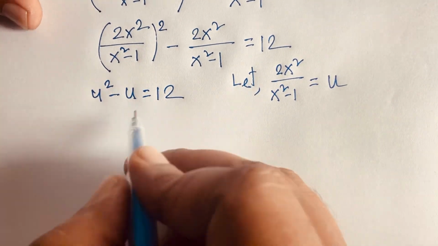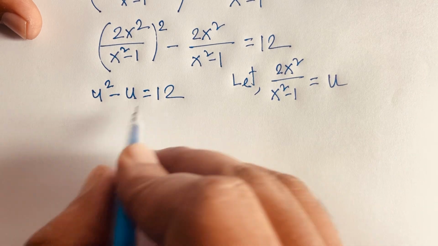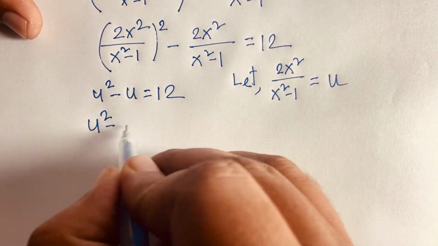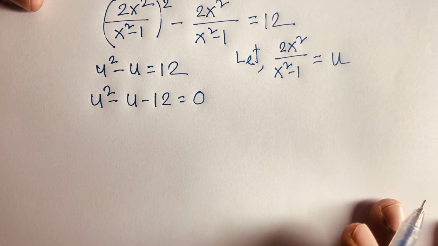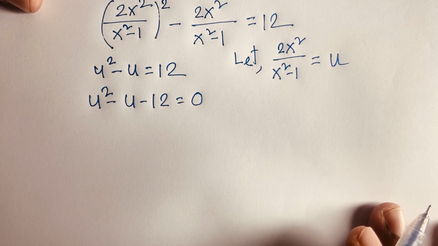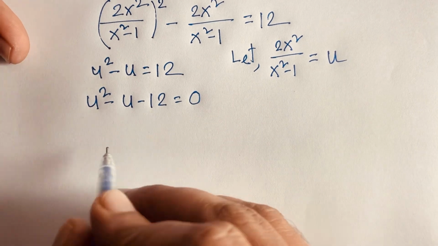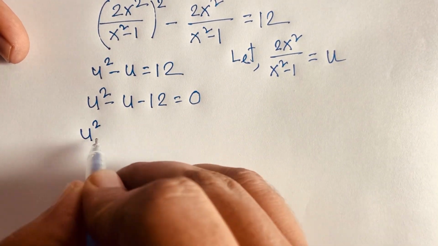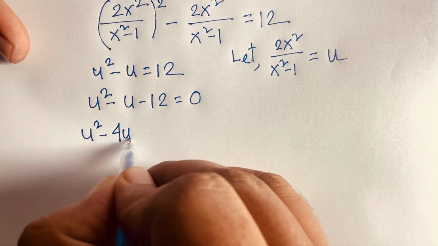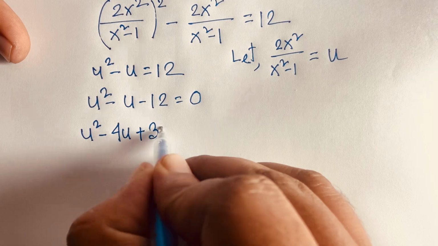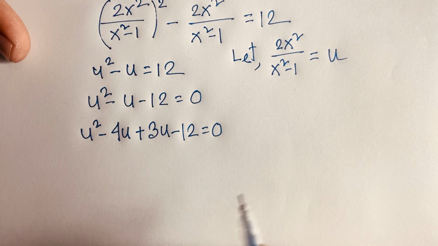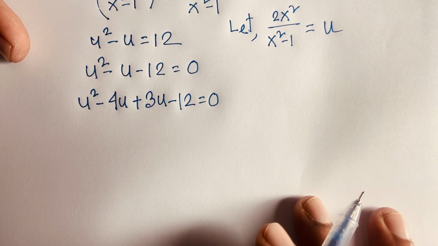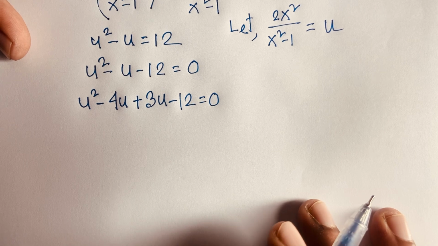Then if I subtract 12 from both sides, it will be u² − u − 12 = 0. So it is a quadratic equation, and if I do middle factoring, it will be u² − 4u + 3u − 12 = 0.